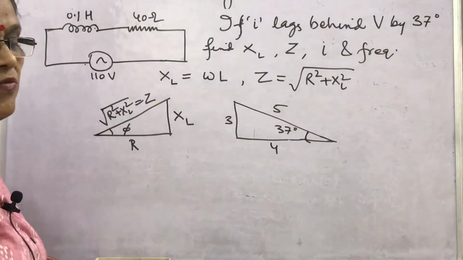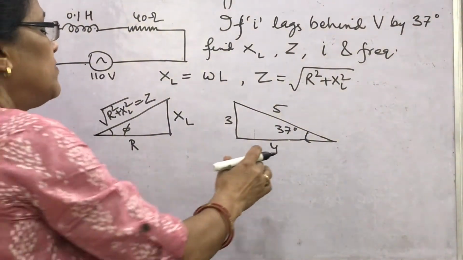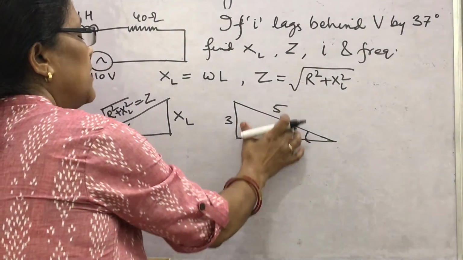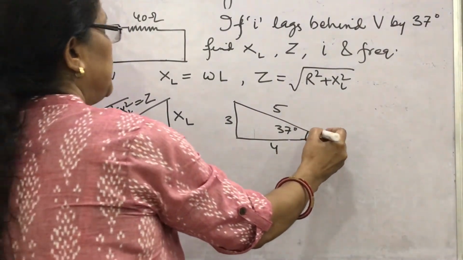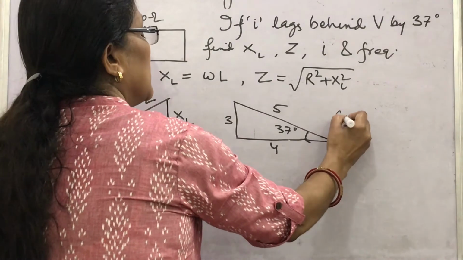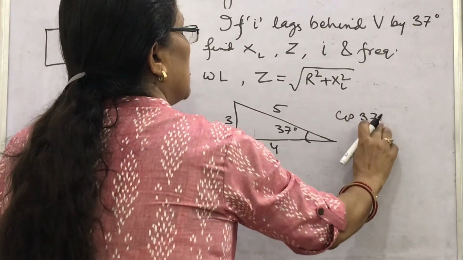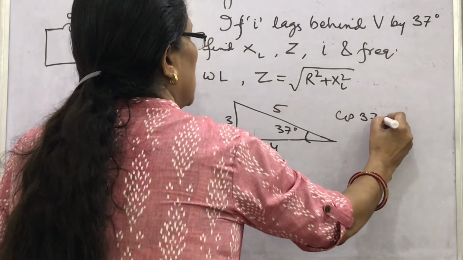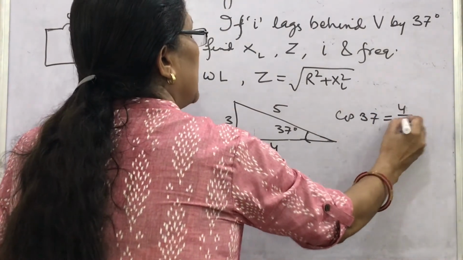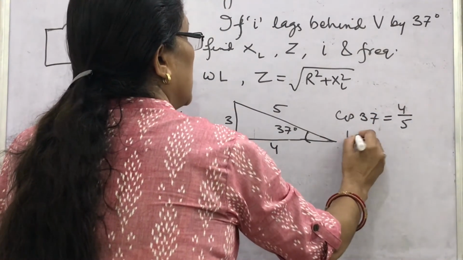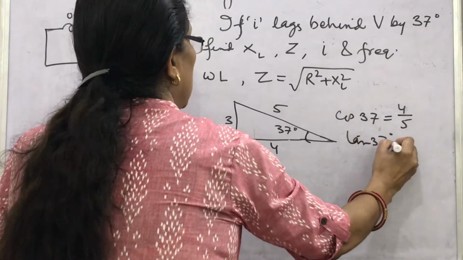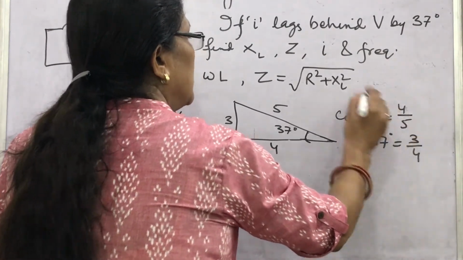So here what can you find? For this 37 value, you can write cos 37 is 4 by 5, tan 37 is 3 by 4.